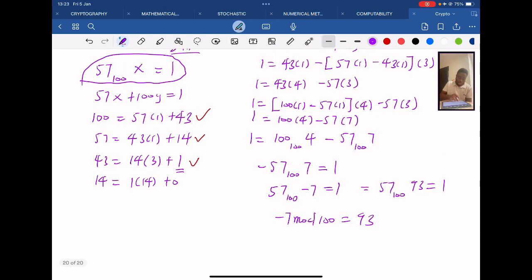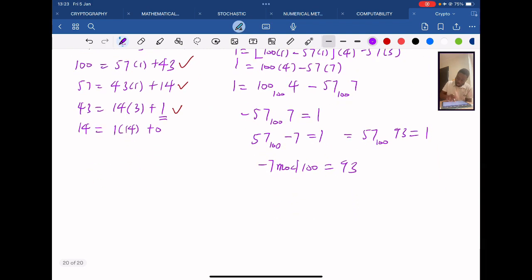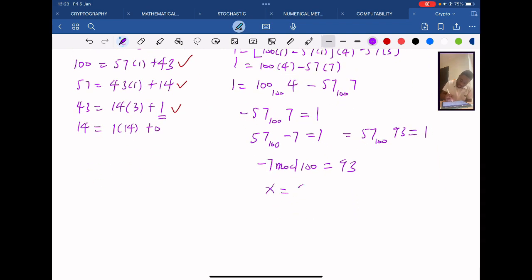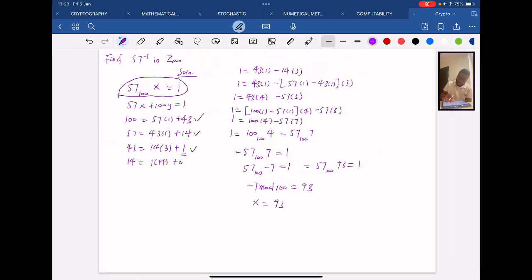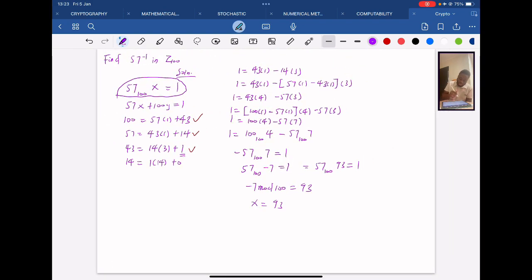So now over here, we want to find x, meaning that x in this case is 93. So the inverse of 57 in Z100 is equal to 93. Thank you very much. See you in the next video.